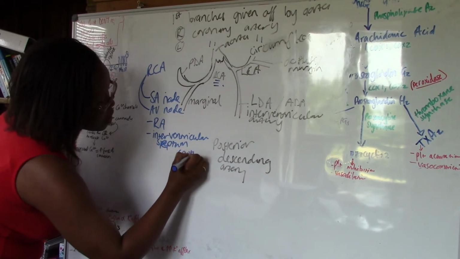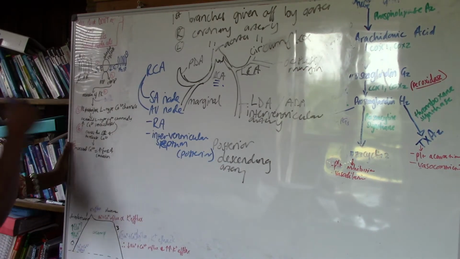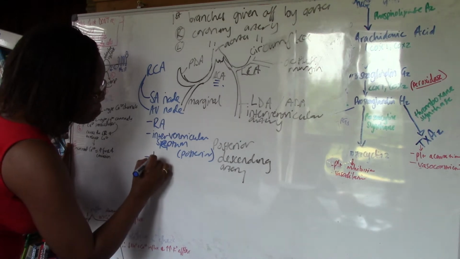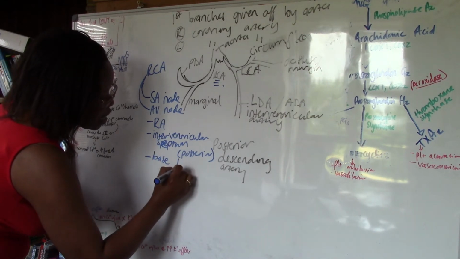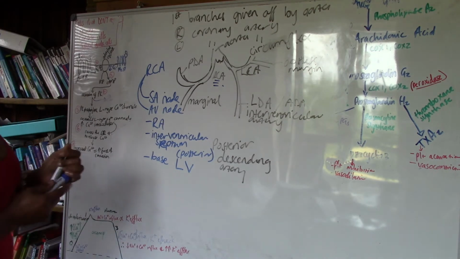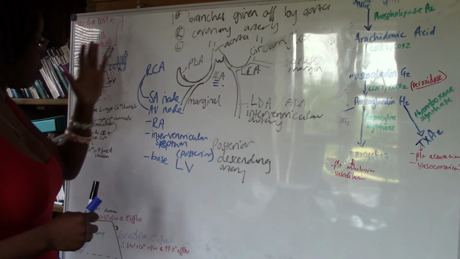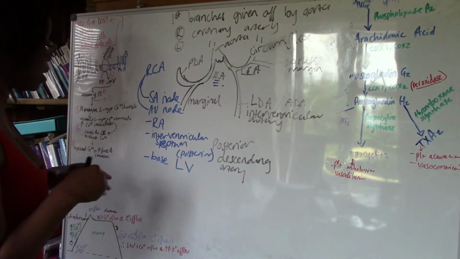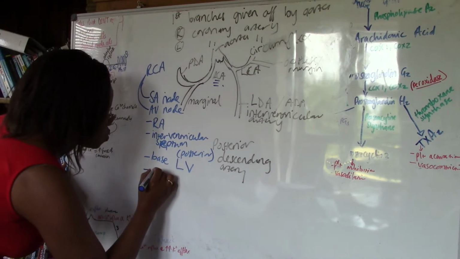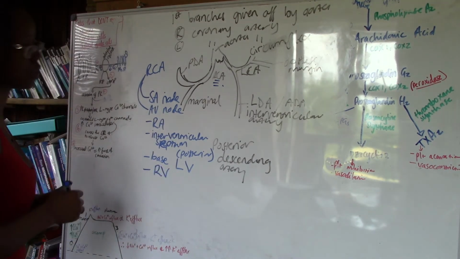This is the posterior surface, posterior aspect. And it also, interestingly, supplies the base of the left ventricle. So these are the main areas that are supplied by the right coronary artery, and it also supplies the right ventricle.